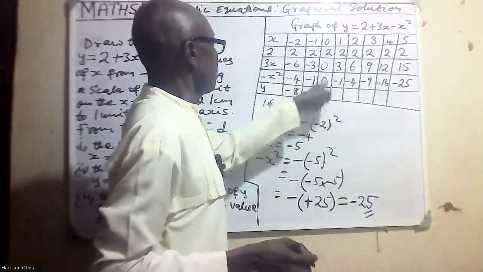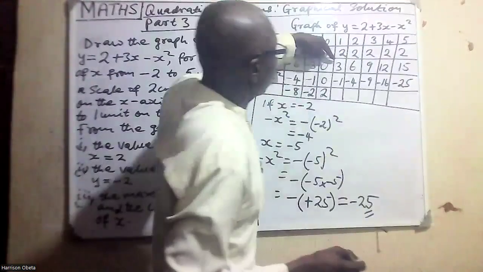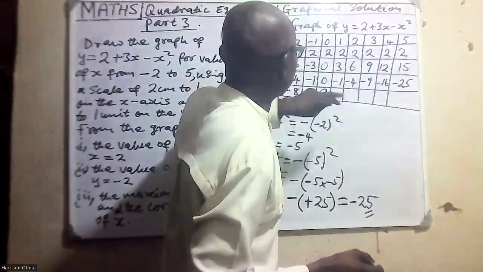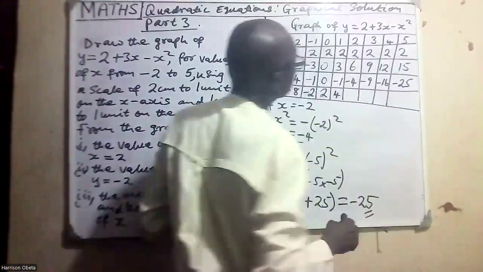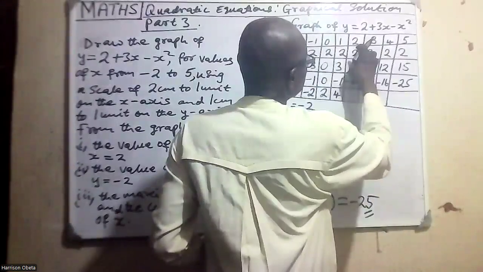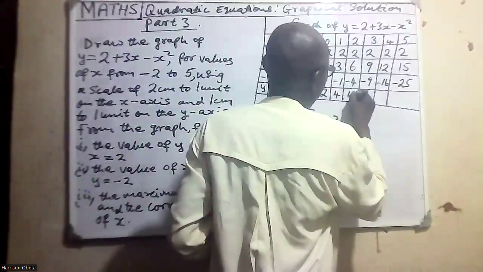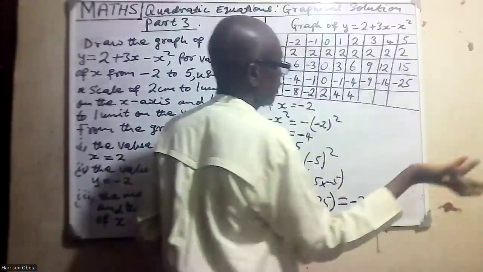This place you have 2 plus 0, that is 2. Again, you have here 3 plus 2 is 5. And 5 minus 1 is 4. Then this is 8. 8 minus 4 is 4. This is 9. 9 minus 9 is 0.